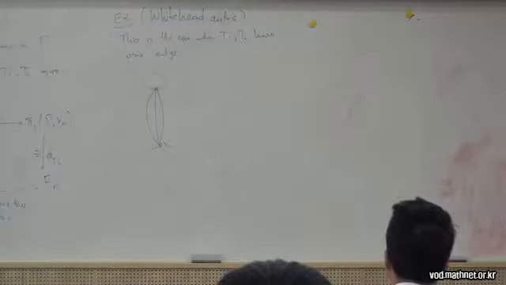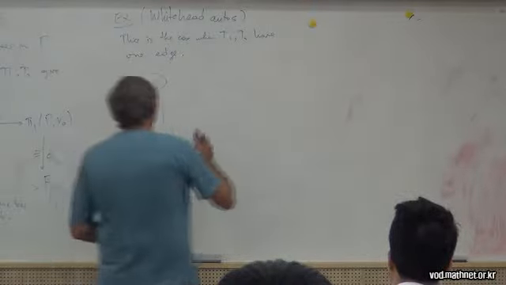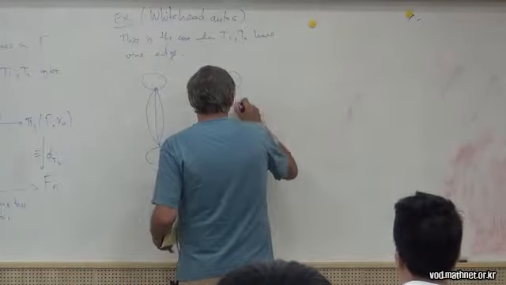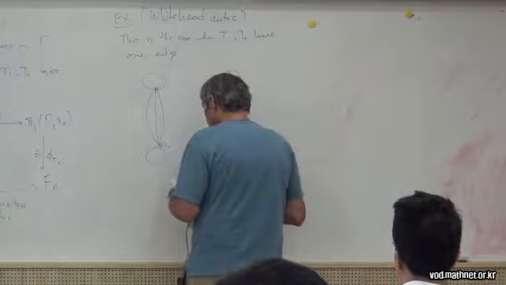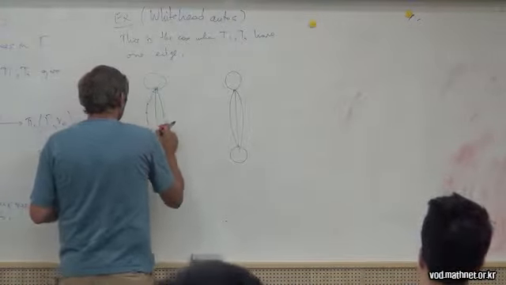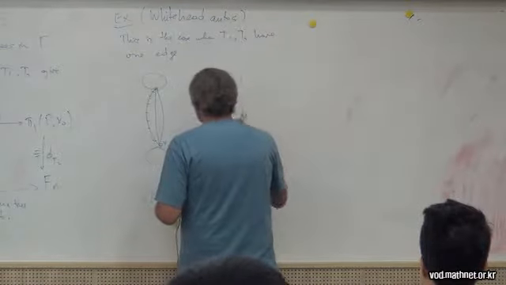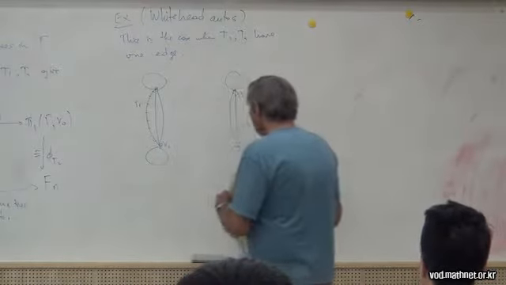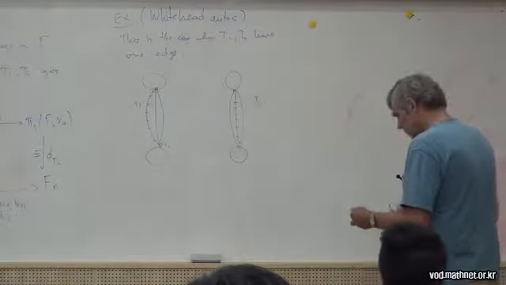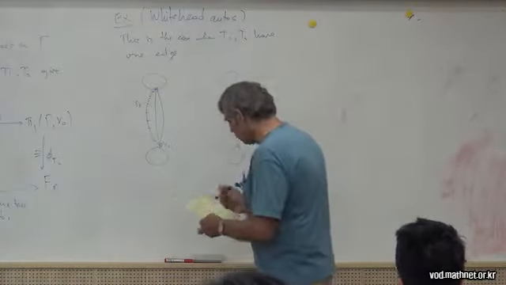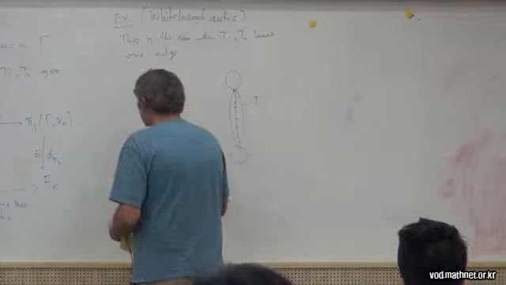Then I have two different maximal trees. Two of these vertical edges can be chosen to be the maximal tree. Here's one of them, and here's the other one. This is maybe T1, and this is T2. Then I can choose labeling to make my computations easier, since any labelings differ only by sign and permutation.